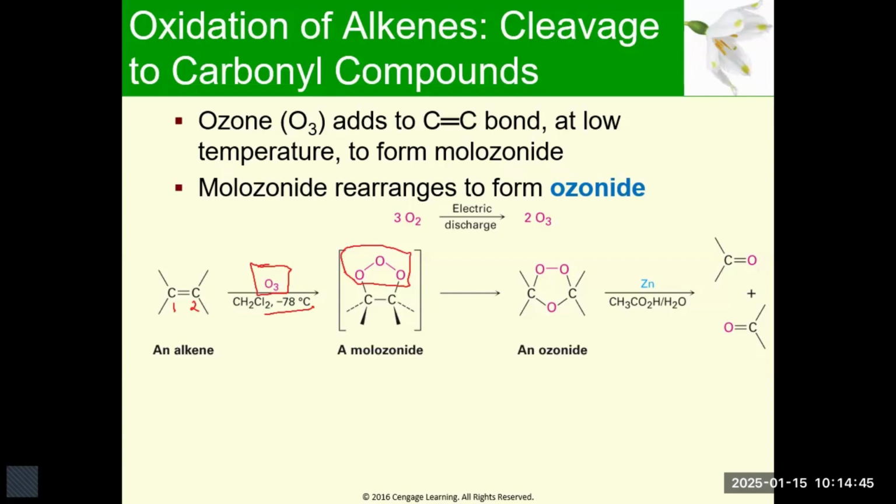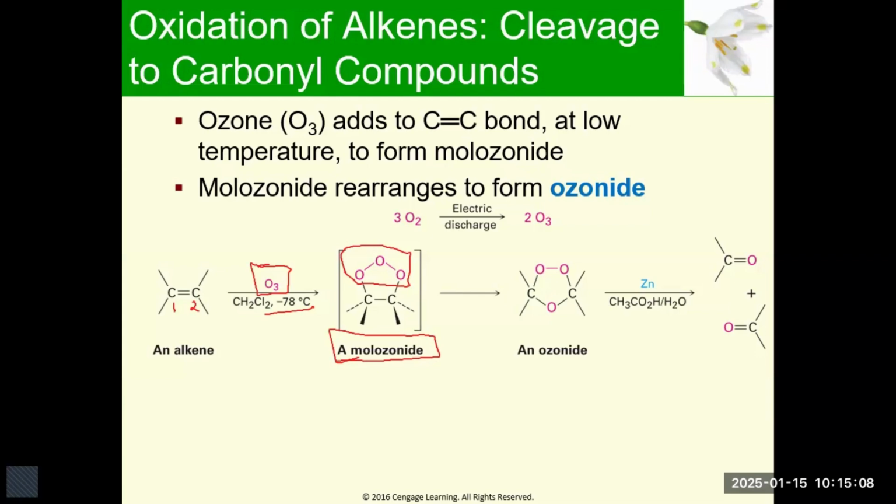And so you're going to create this intermediate initially, which is molozonide. And this is an important intermediate to just take note of. I often see that in exams and assessments and standardized tests.